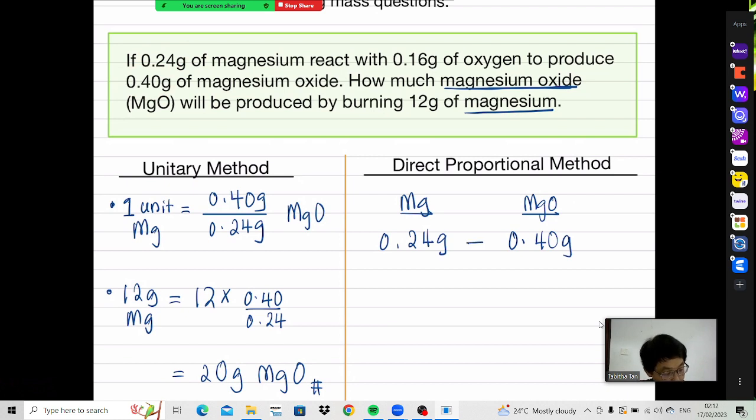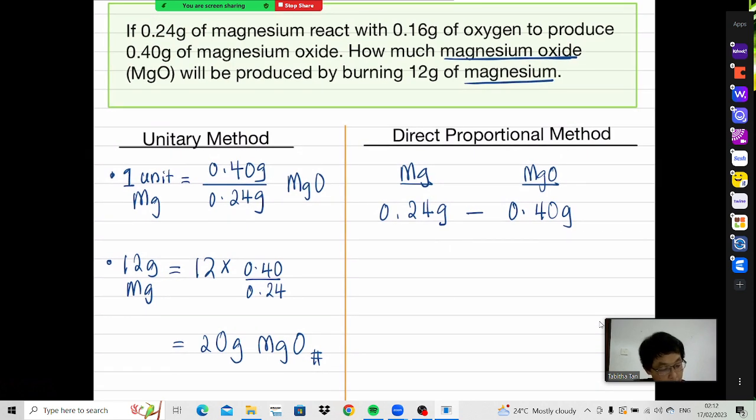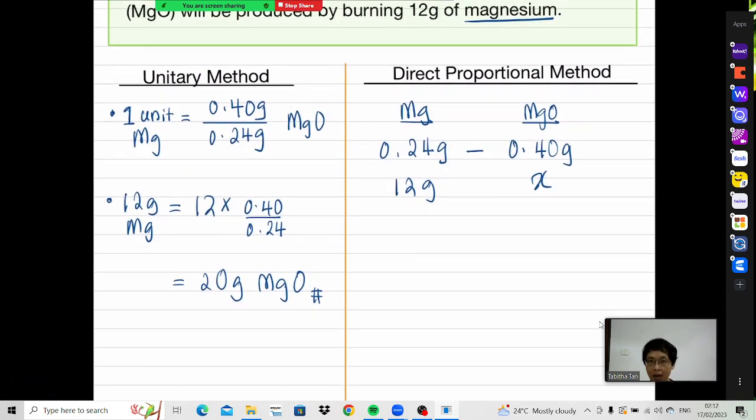So this many produce that many of magnesium oxide. Now they asked you how much magnesium oxide, that means the mystery mass will be there. Magnesium oxide, which is the question that you try to find out, is produced when 12 gram of magnesium is here. Again, start decorating, start arranging, just like flower arranging, have fun with that.